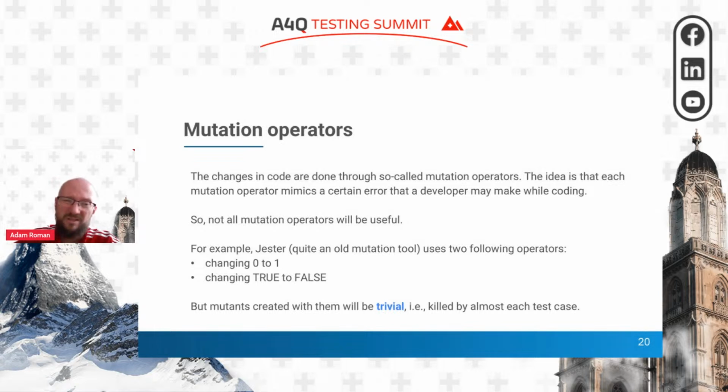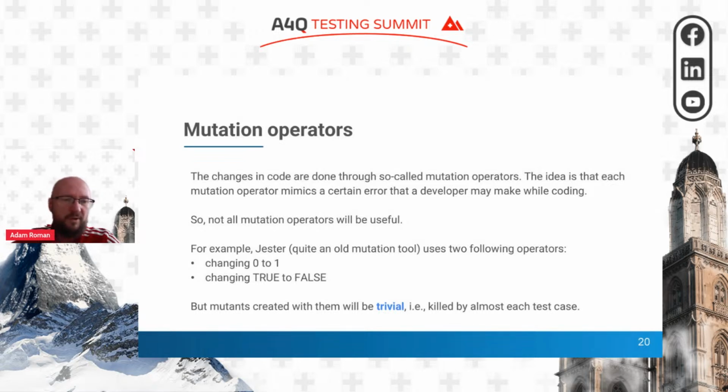Usually when we change true to false, probably any test case that goes through this line will detect that something's wrong, because we will take a wrong path in the code. So it's easy to detect such things. Mutants which almost every test case kills are called trivial mutants.